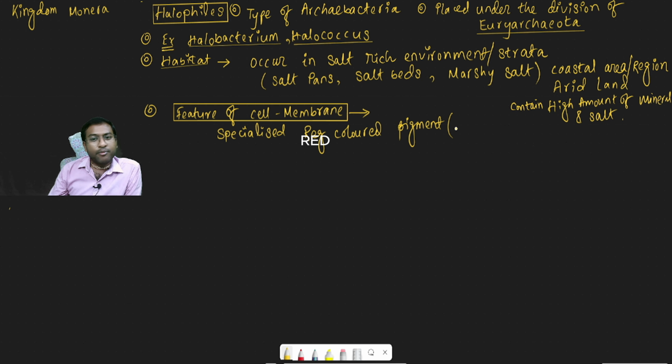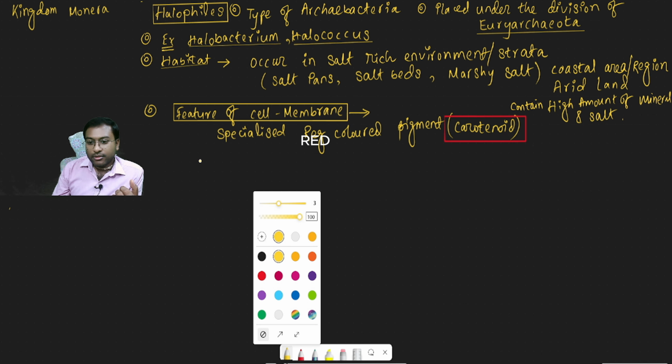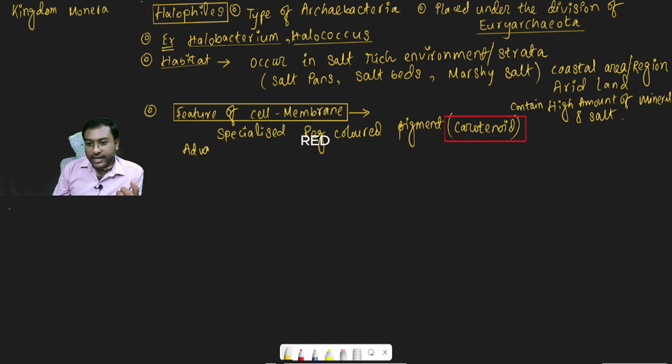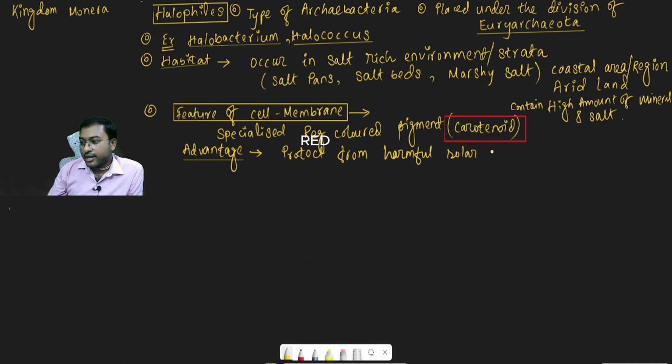What is the advantage of this particular pigment present inside the cell membrane of halophiles? If we look into the advantage, this carotenoid pigment protects the halophiles or halophilic archaebacteria from harmful solar radiation.